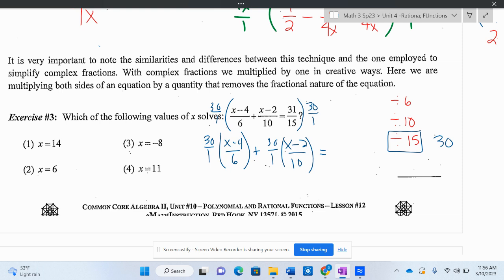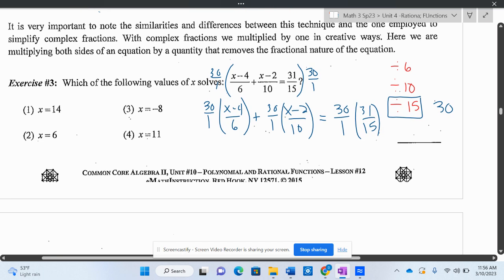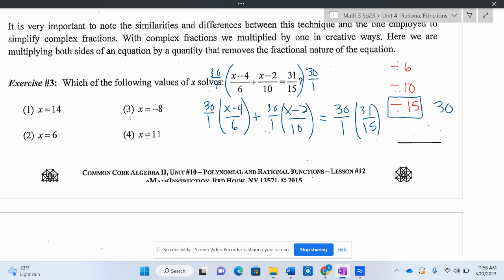And it equals 30 over 1 times 31 over 15. That's actually what's happening when we multiply both sides of the equation by 30. That's really what's taking place.